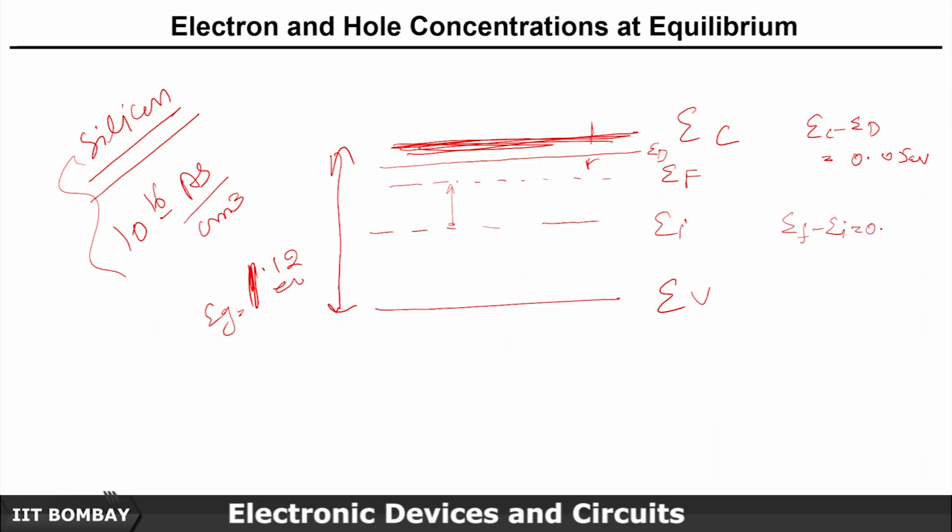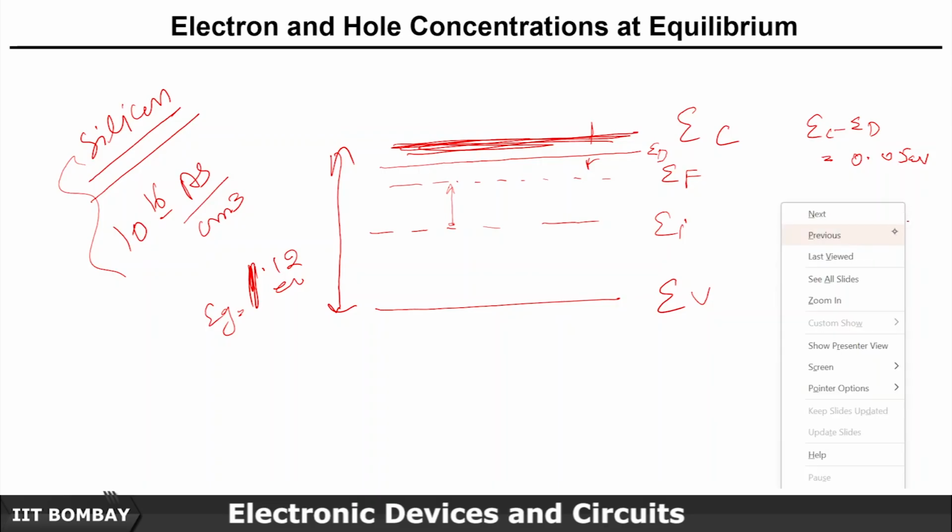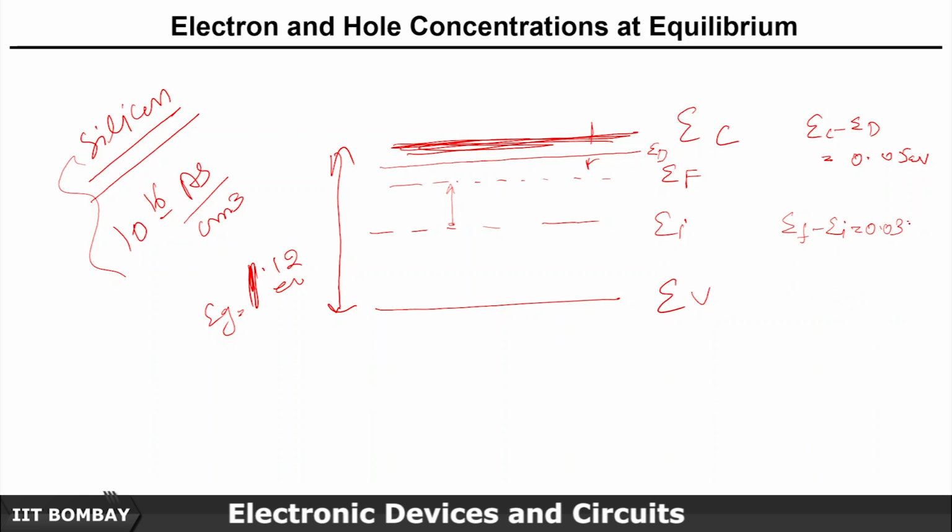is somewhere around 0.0358 electron volt. So don't get confused that the dopant energy level will be equal to the Fermi energy level. No, the dopant energy level is for the atoms which are more free.